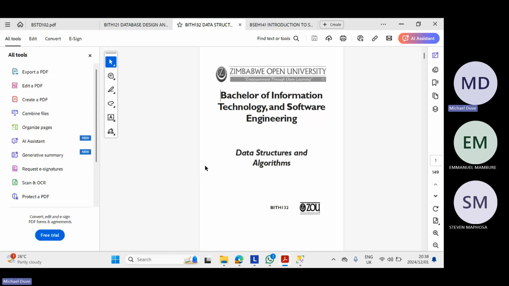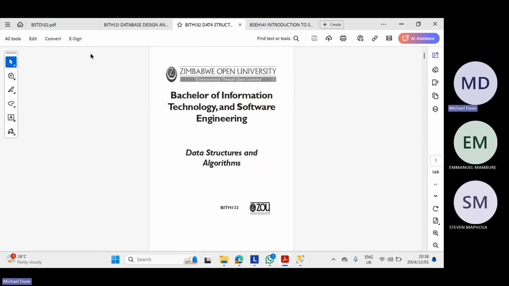Then you go to data structures and algorithms, right? Each programming language has got its own data structures and algorithms, be it Java, Python, C#, C++, right?